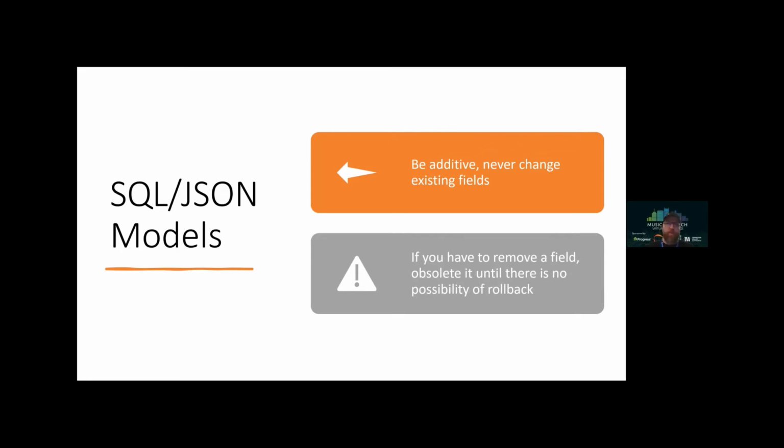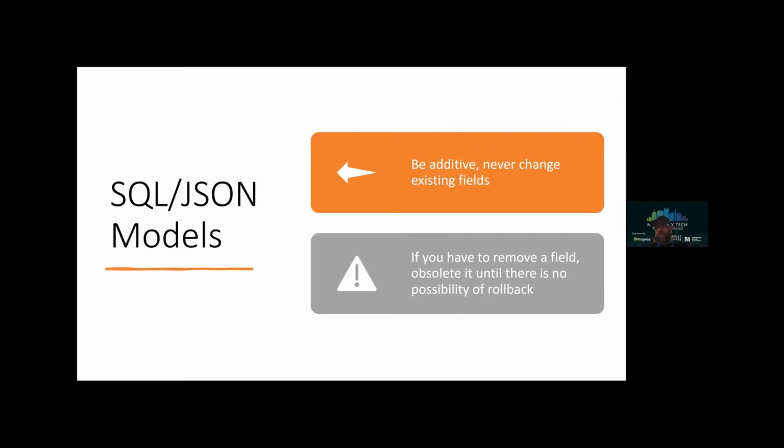If you have a model with a first name, a last name and a phone number, and the phone number was created as a number instead of a string for whatever reason, don't go in and change the type of the model. Add a new field, because that separates your database and your schema model deployments from your application deployments.